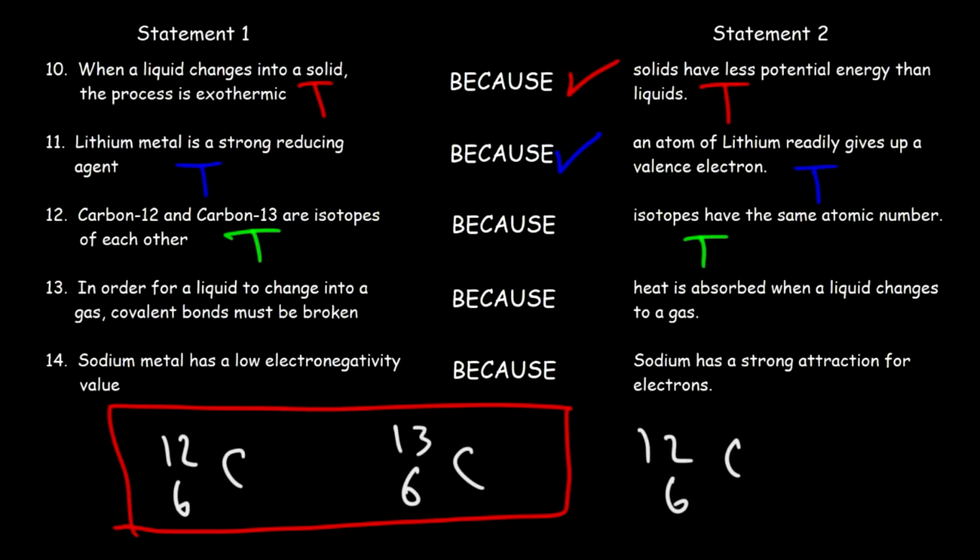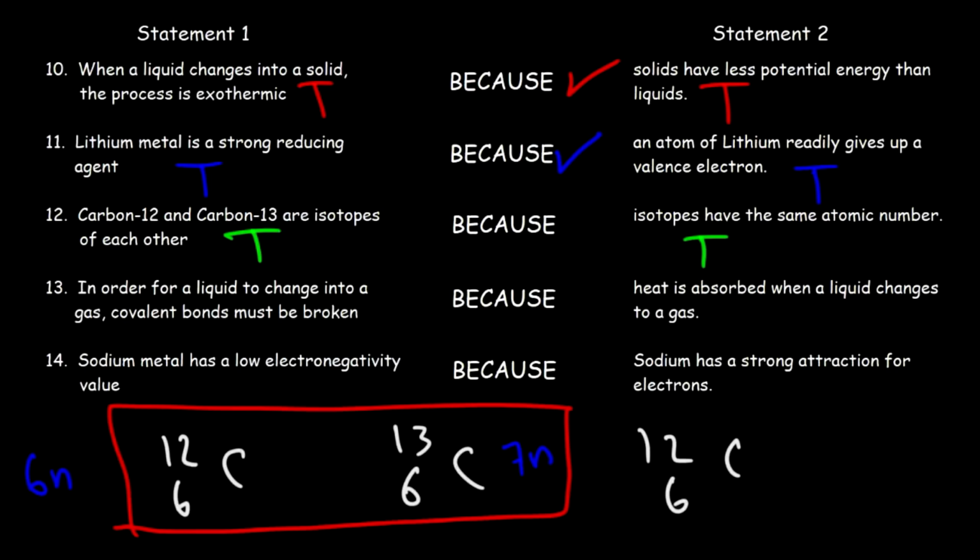The number of neutrons is the difference between the mass number and the atomic number. So carbon-12 has 6 neutrons, carbon-13 has 7 neutrons. 13 minus 6 is 7. And so that's how isotopes differ from each other. They have different mass numbers and different numbers of neutrons.